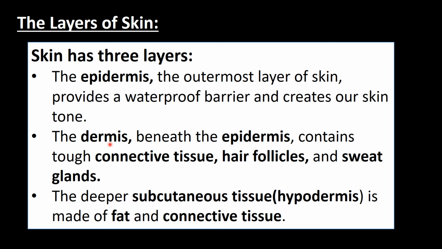Now about the dermis. Dermis is the most important part of the skin, because it contains some of the important parts of the skin, that are the sweat glands, the oil glands, the blood vessels, etc. And most important is that they have nerves over here which send the messages from the skin to the brain.